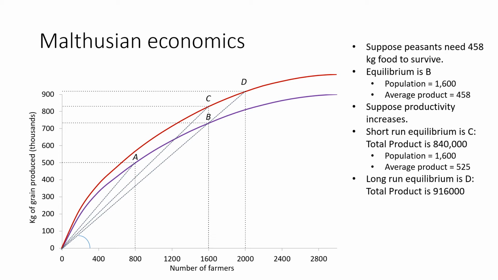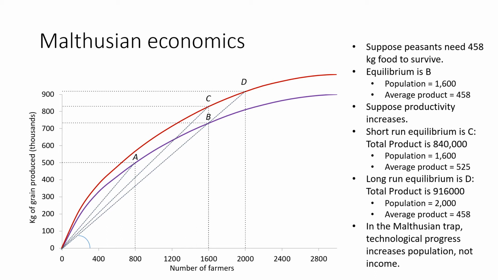Now that we've had this increase in productivity, we've had the increase in the average product, this is only temporary as we have a population increase and therefore more laborers are now entering into the market. So now we have an increase in our total product of 916,000, but we also have an increase in the number of inputs. So we have 2,000 workers now in the production function. So we take 916,000, divide that by 2,000, and we get 458, meaning that we have moved back to our subsistence level average product.